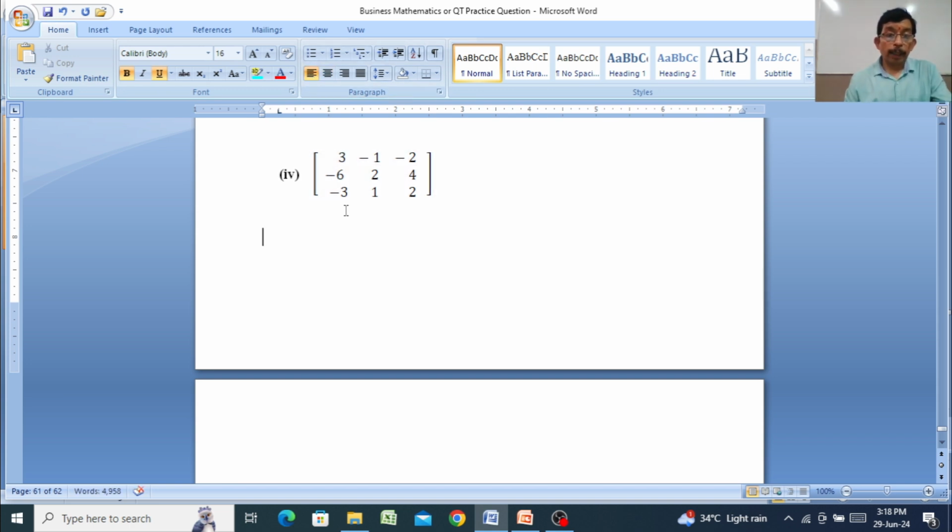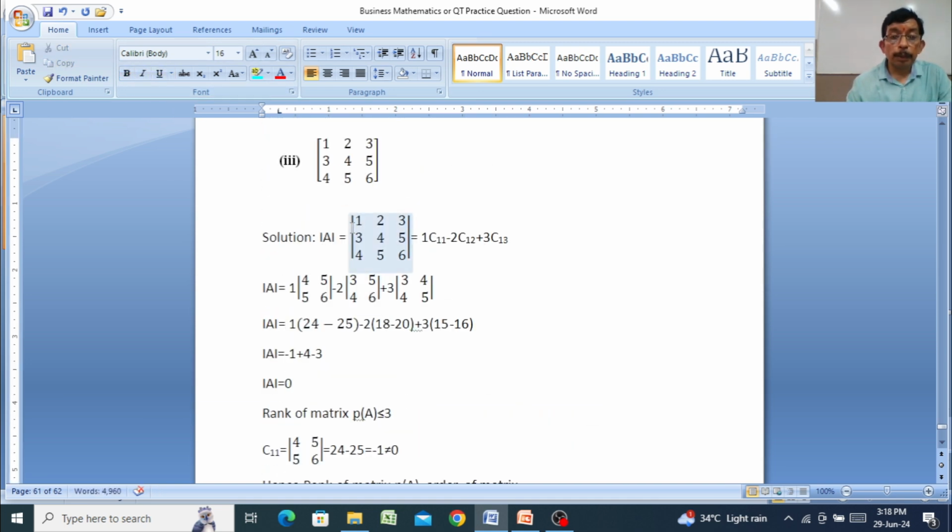Now the fourth type of problem of rank of matrix. First we find the determinant value of this matrix of highest order, the value of the determinant of 3 by 3 order.